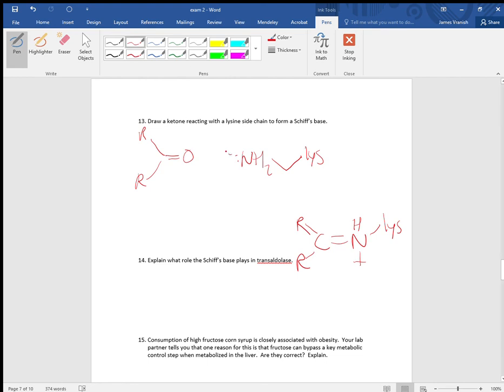So let's go ahead and do that. Let's do a nucleophilic attack, push the electrons up, and protonate it. All right, so we end up now at our intermediate stage. Sorry, let me write that as a lysine.